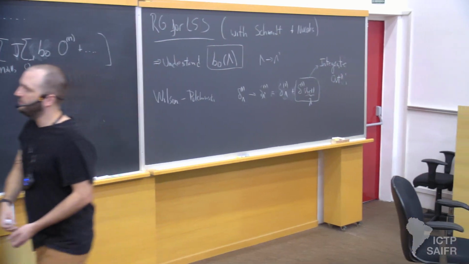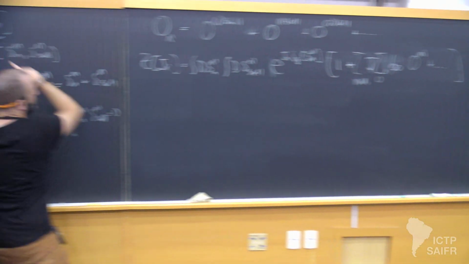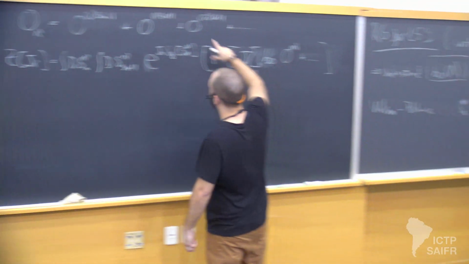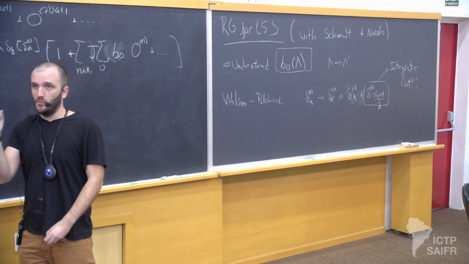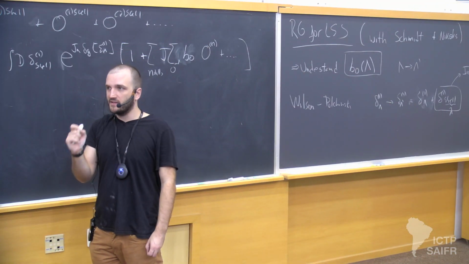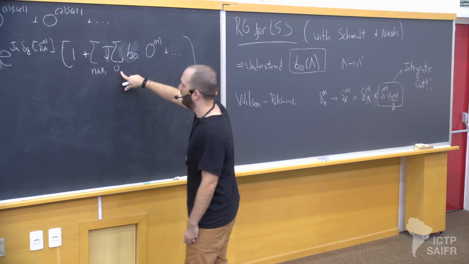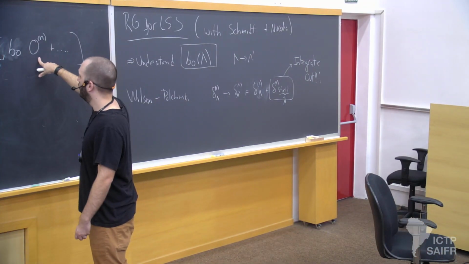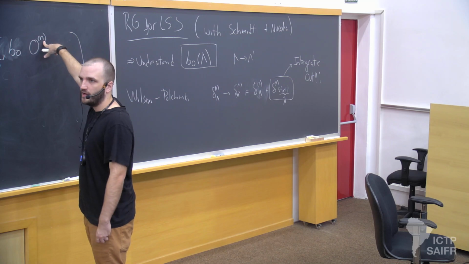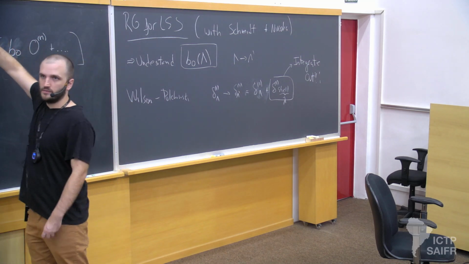I'm taking this exponent and expanding because shells are very thin, so I can expand in terms of the number of shells. I'm summing over the number of shells and also over the operators O to the power of n, with n shells here.